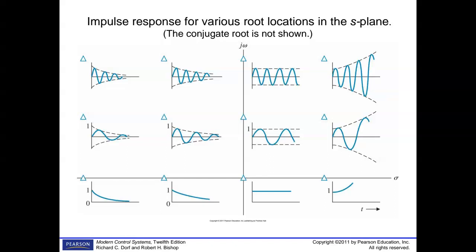For those, there is no oscillation, but of course the speed is higher. For this one, speed is lower. Lower speed means these are dominant poles. Poles near the j omega axis are called dominant poles. For higher order systems' transient response, we already discussed that one. That's the end of this part.